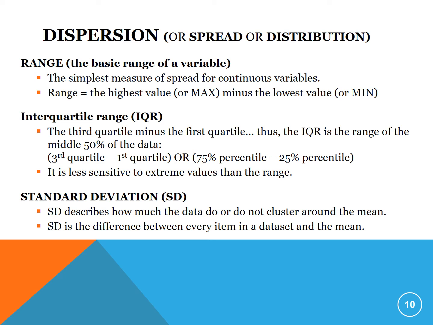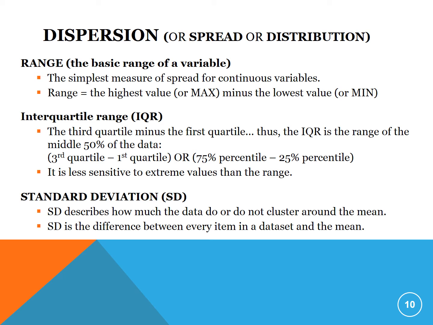So range is the basic form of spread. It's the simplest measure of spread for continuous variables. Essentially, the way you calculate range is you get the highest number, you subtract the lowest number, and that number you get is your range.